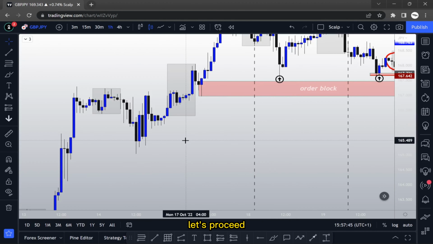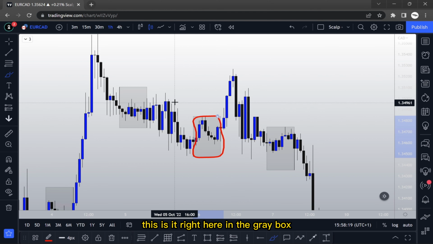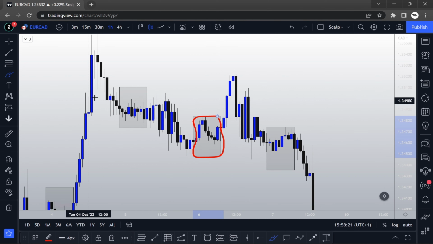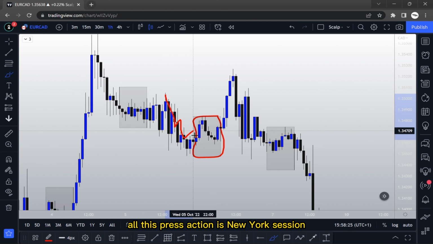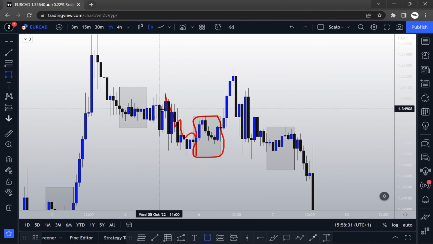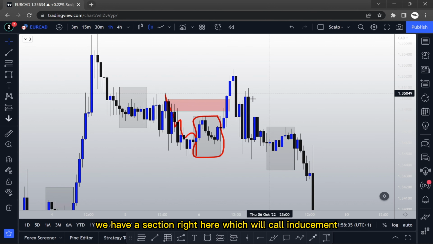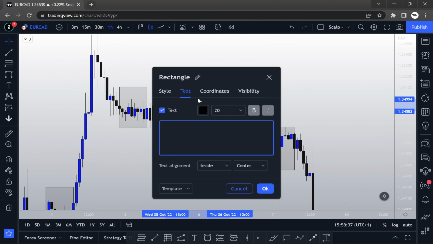Let's proceed. So first of all, what do we do? We focused on the Asia session range. This is it right here in the gray box. All these levels right here, all this price action is New York session. Within the New York session, we have a section right here which we'll call inducement.